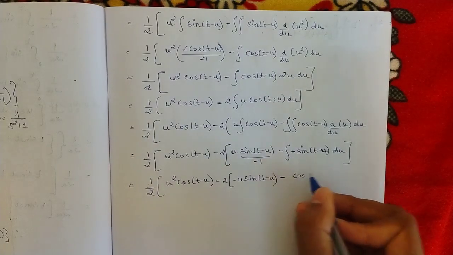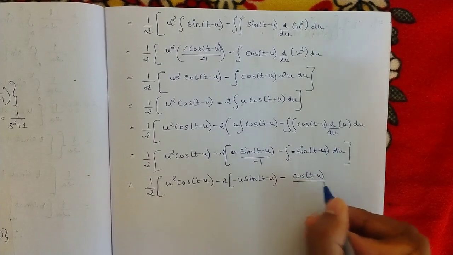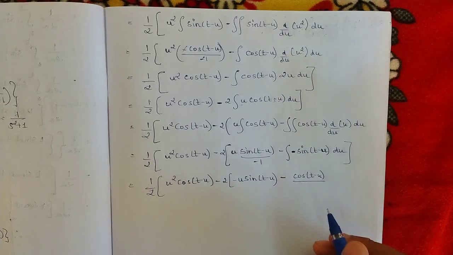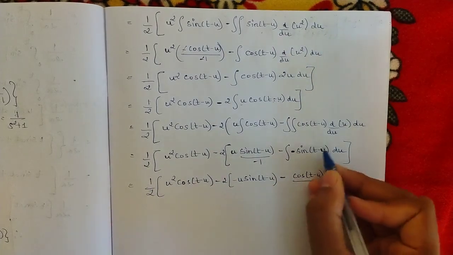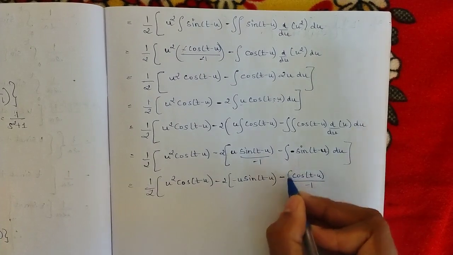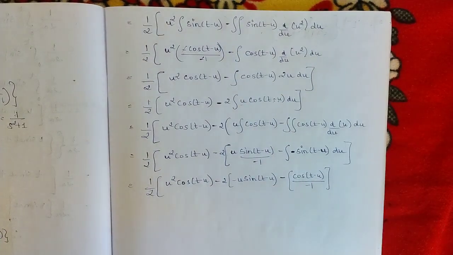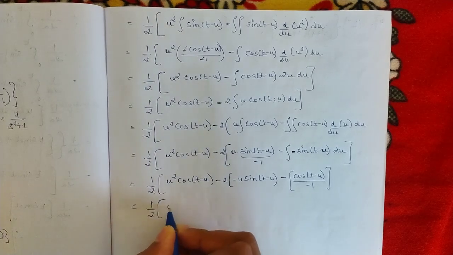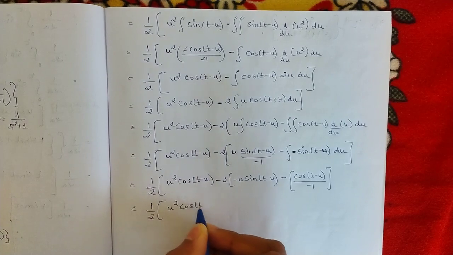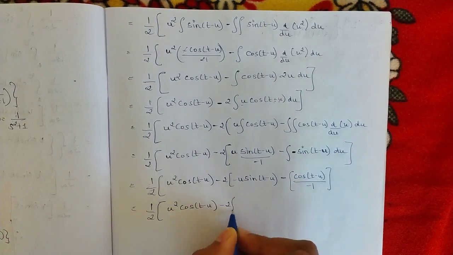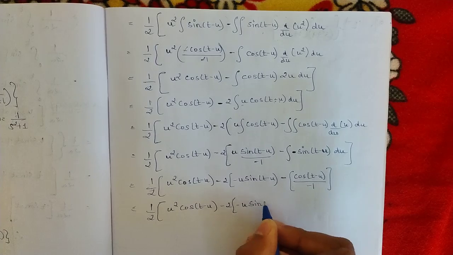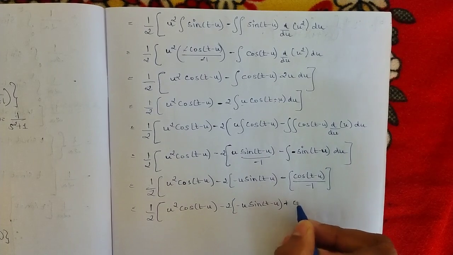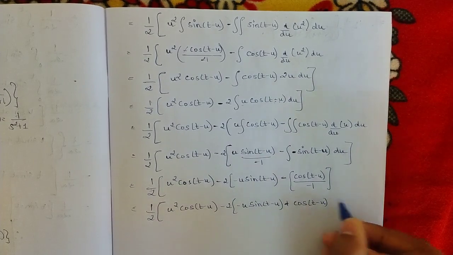Okay, cos t minus u divided by the coefficient of u, that is minus 1. Okay, so like this we have got. Now solve it, simplify again. u square cos t minus u minus 2 minus u sin t minus u, and here minus divided by minus is plus cos t minus u.